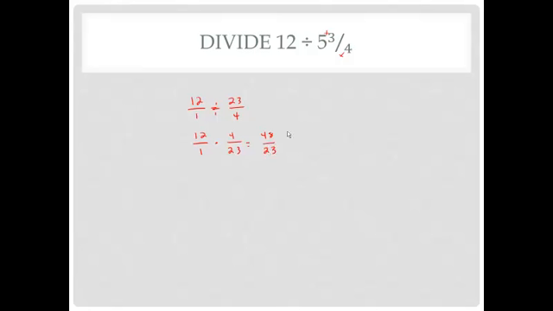And we can change that to a mixed number. We know 23 will go into 48 2 times, with 2 left over.